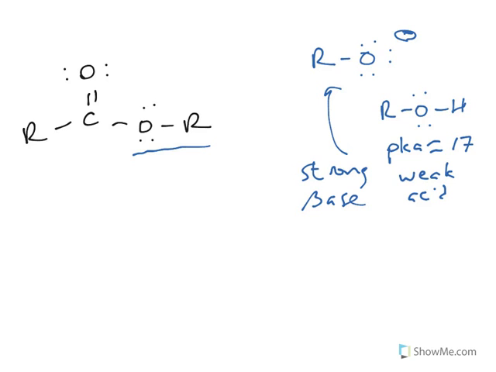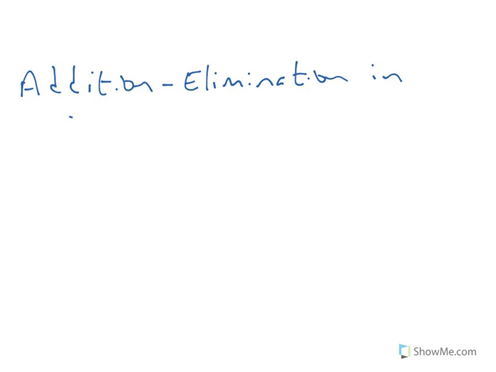So we need to figure out, how can we make this a good leaving group? Well, there's another way we can do addition elimination: an acid catalyst. So this will be good for systems that have poor leaving groups like esters and amides.